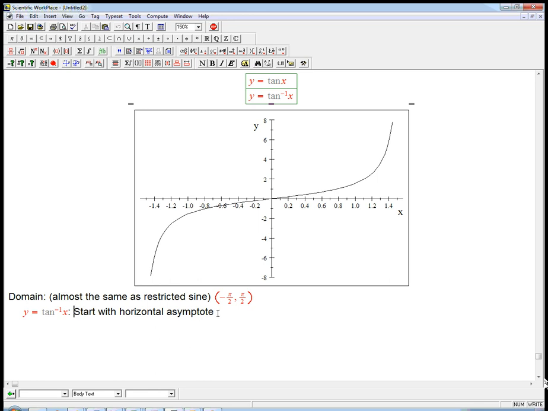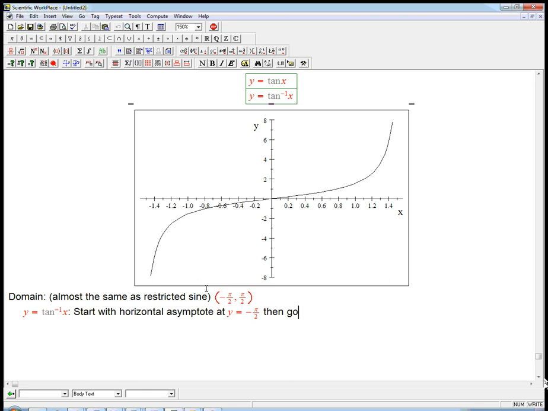Start with a horizontal asymptote at, well, where is it? I wish that it would automatically draw it for us, but here at x equals minus pi over 2, there is a vertical asymptote. So that's going to turn into a horizontal asymptote at y equals minus pi over 2. Remember the translation. Anything to do with x turns into y. Vertical turns into horizontal.